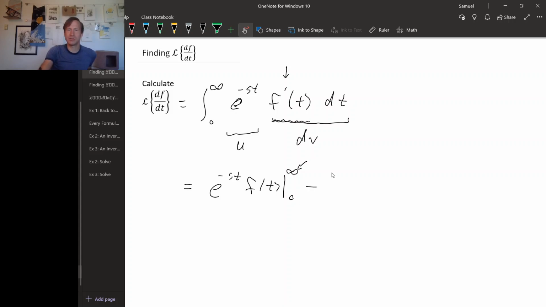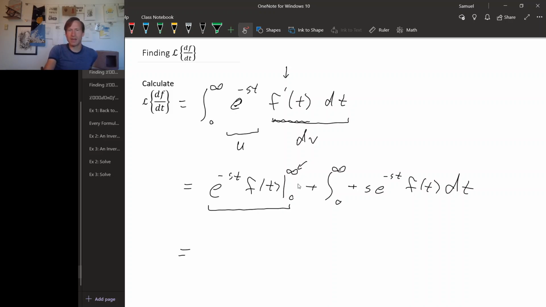Minus the integral from 0 to infinity of, now differentiate the u part, so minus s e to the minus st, f of t dt. So these minus signs cancel.